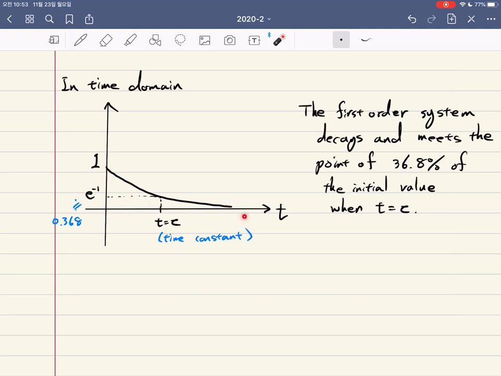Whereas if the time constant is big, that means you have to spend a lot of time decaying, a lot of time to converge to zero. So by asking someone about some system's time constant, you will have a certain amount of feeling about the speed of this first order system.